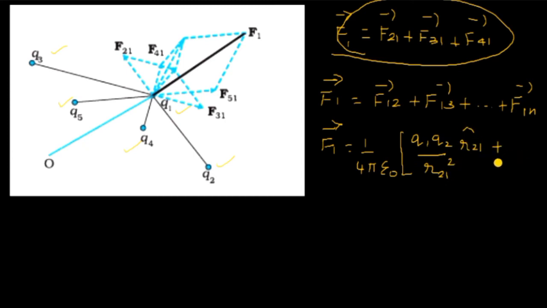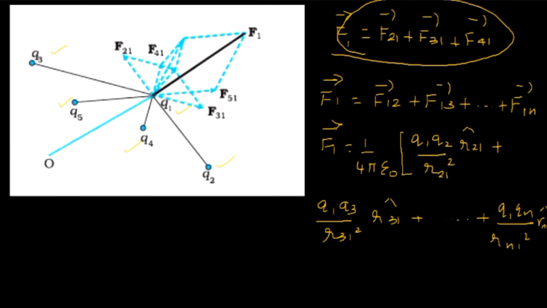So plus q1 q3 divided by r31 square, r31 cap, and so on. You can extend this concept up to n number of charges, and finally q1 qn divided by rn1 square, rn1 cap. So in this way you can represent, and which is called as a superposition principle.